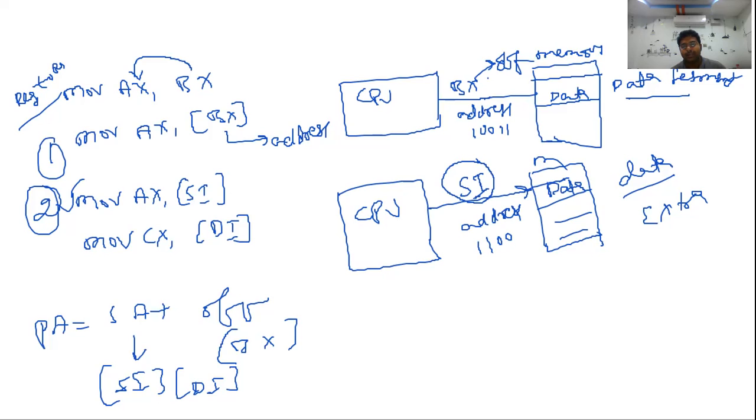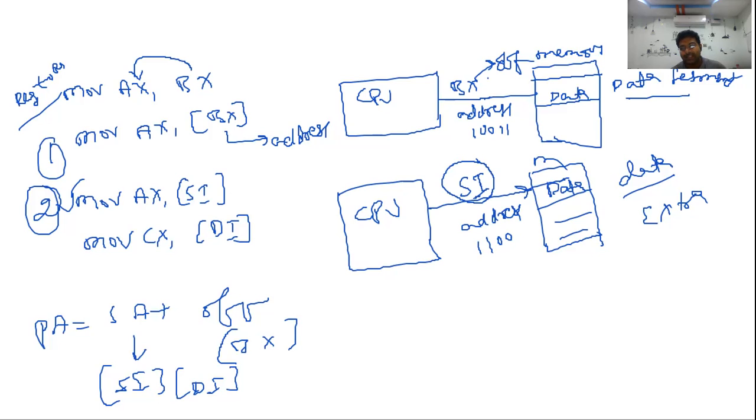Here we combine these two in one instruction, MOV AX, BX and SI. What is the meaning of this? This one represents the segment address, and this represents the offset address.